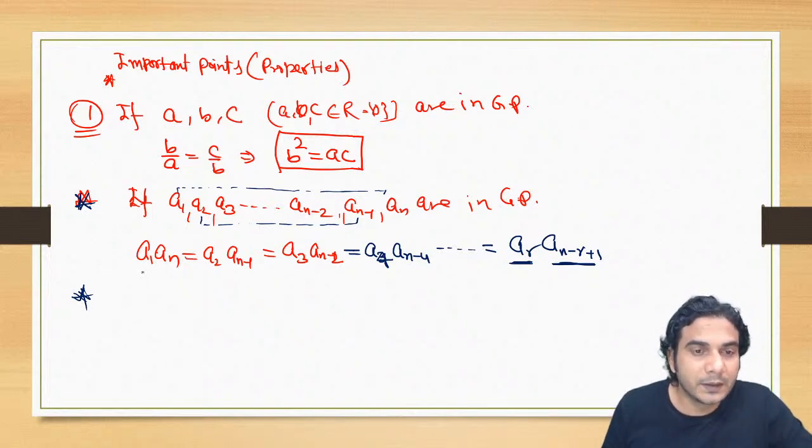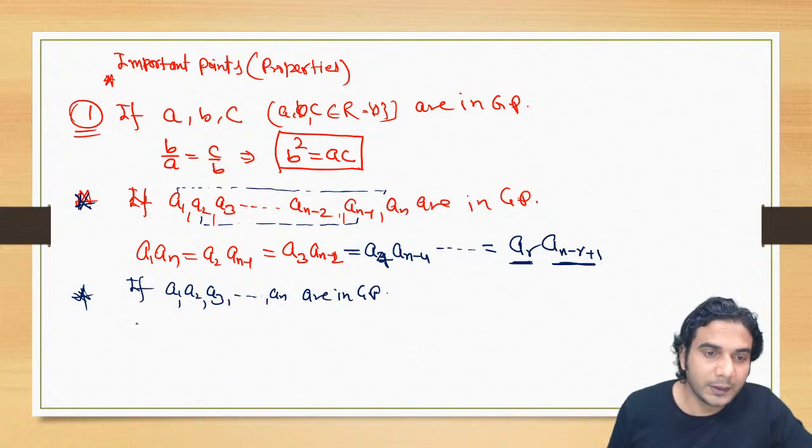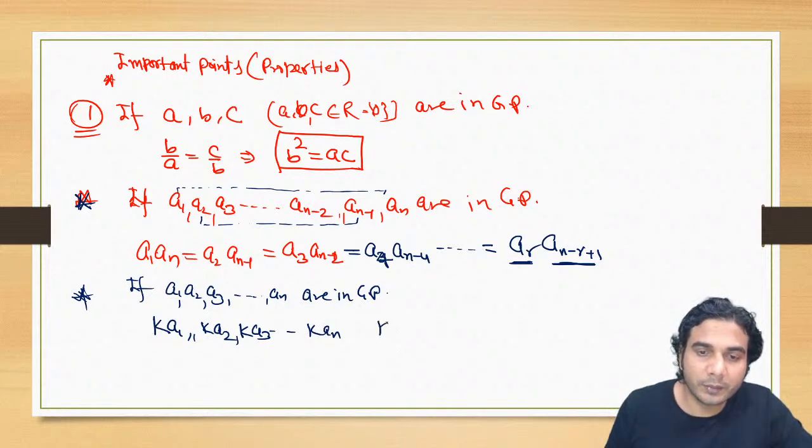So remember that. Now next point is, if a_1, a_2, a_3 and so on are in GP, then if you multiply a constant, ka_1, ka_2, ka_3 and so on, ka_n, where k is a non-zero number, k is not equal to 0, or you can say k belongs to R minus 0.